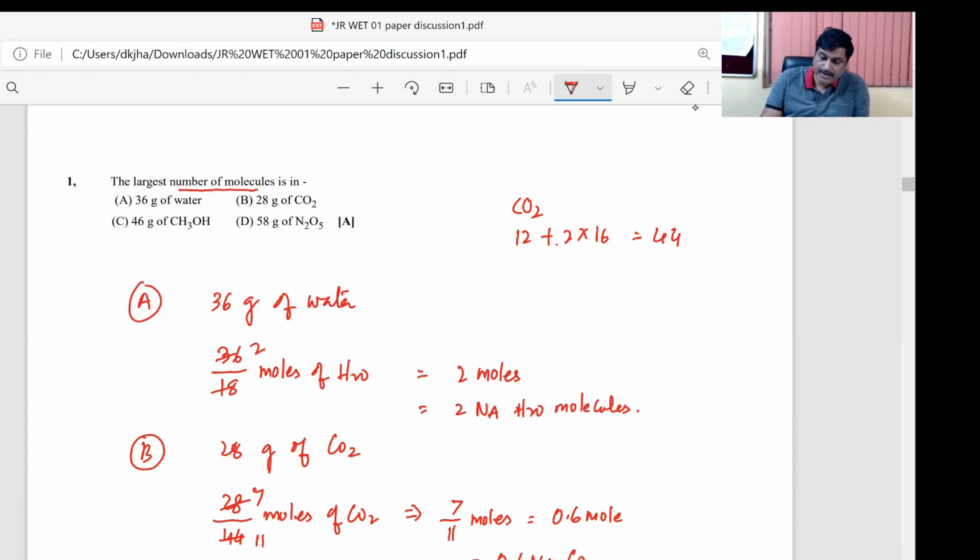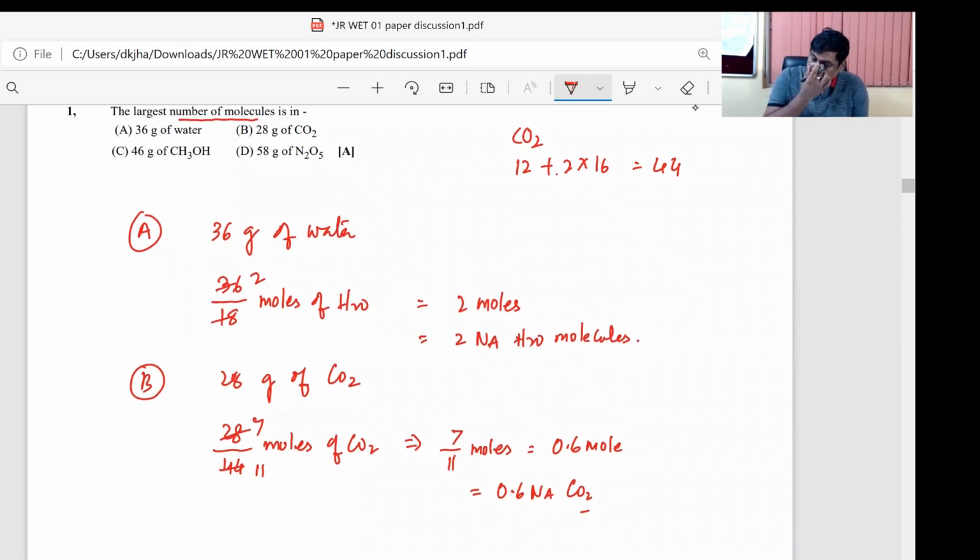Correct. 46 gram of CH3OH. The molecular weight is 12 plus 3 plus 1 plus 16, that is 32. So 46 divided by 32 moles of CH3OH.